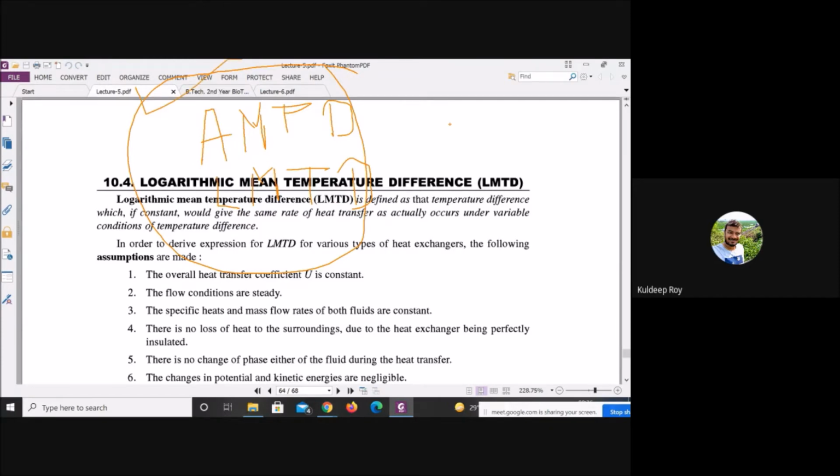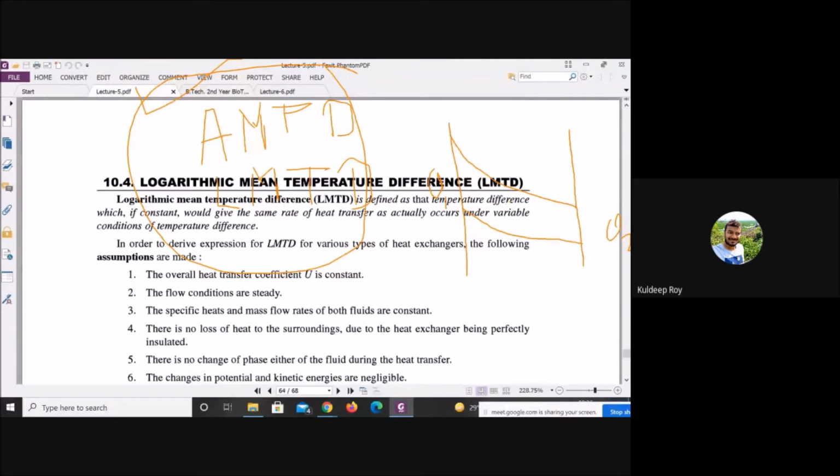As I already showed, the profile is not uniform at each and every point. Similarly, for the counter current, the pattern is like this only. If you determine theta 1, theta 2, and then determine the mean, only then can you claim that you can easily determine the mean temperature difference in this particular zone.